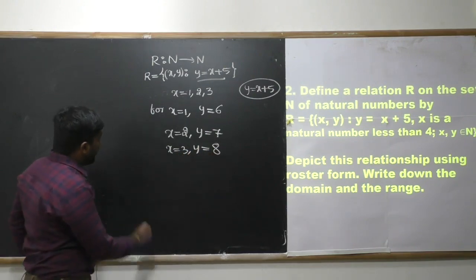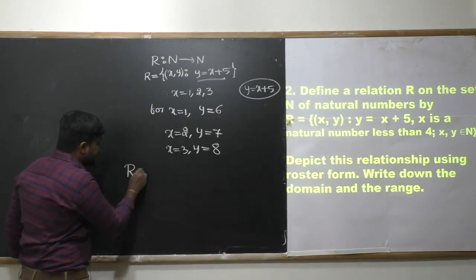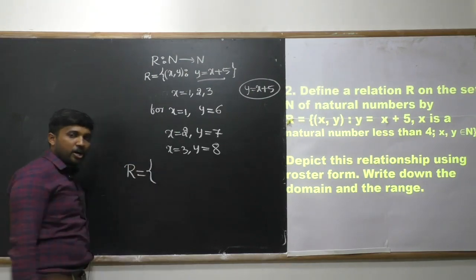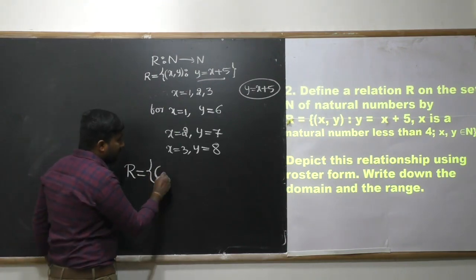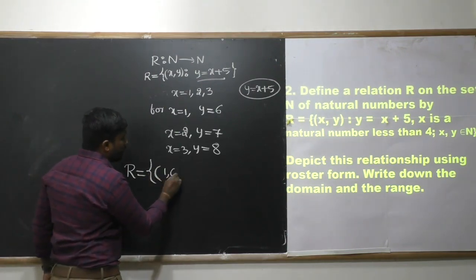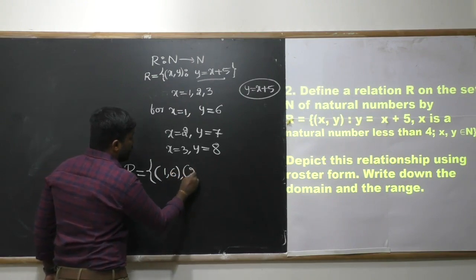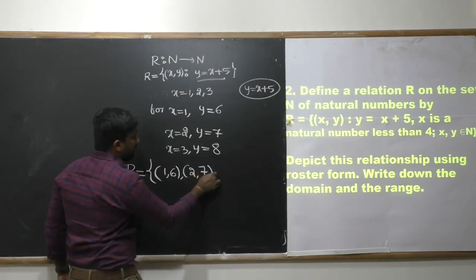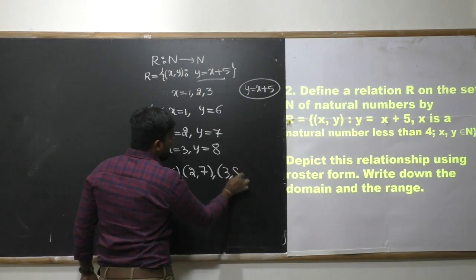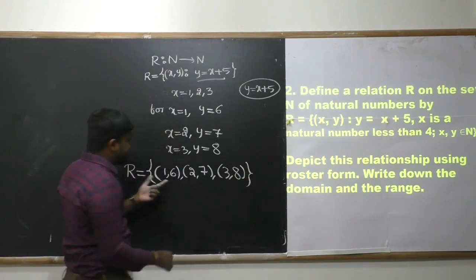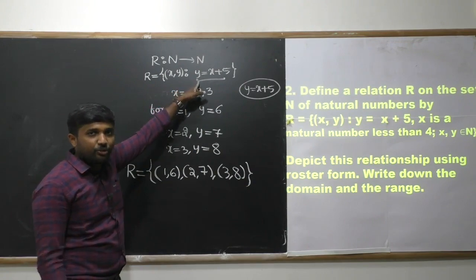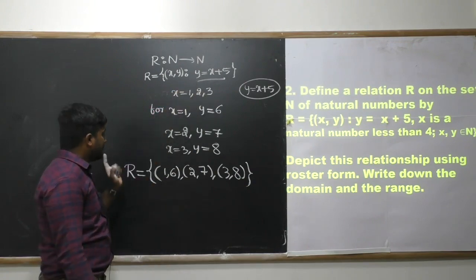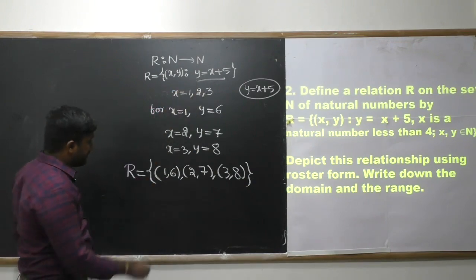Okay. Now write the relation R in roster form. R is equal to the set with ordered pairs (1, 6), (2, 7), (3, 8). All the elements of this relation are ordered pairs that satisfy the given condition. You can verify it. Now we write the domain.